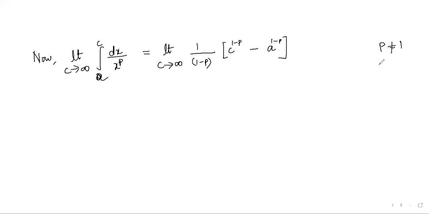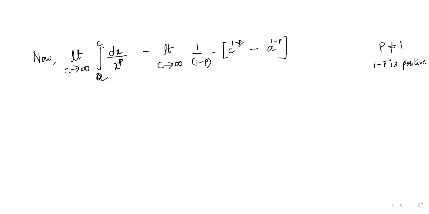Now if this 1 minus p is positive, and c is tending to infinity, the exponent of c being positive, in that case if we take the limit, that limit will be infinity because the exponent is positive.